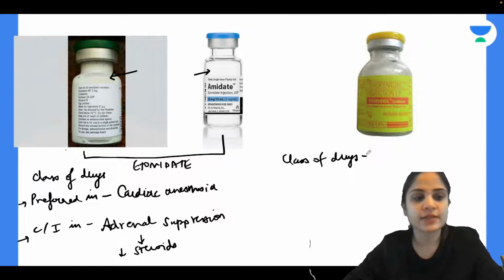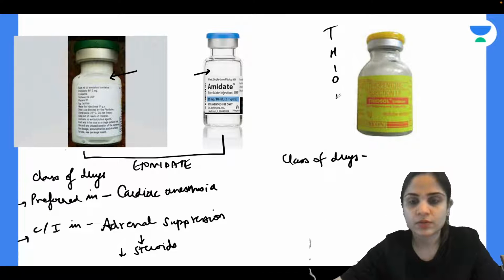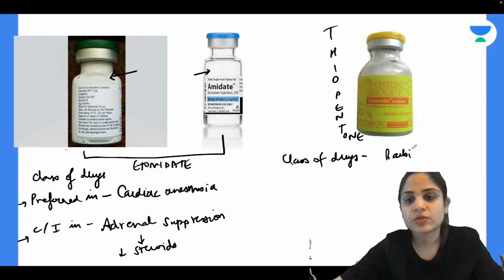So what is the drug that we are seeing over here? You can see it is powdery white in color and you have to reconstitute it using saline. Okay. So this is nothing but thiopentone. The class of drug that thiopentone belongs to is barbiturates.